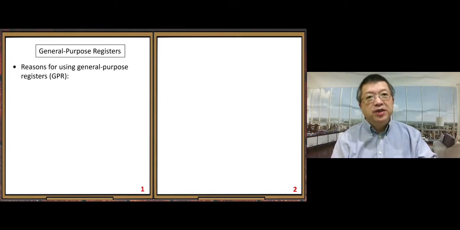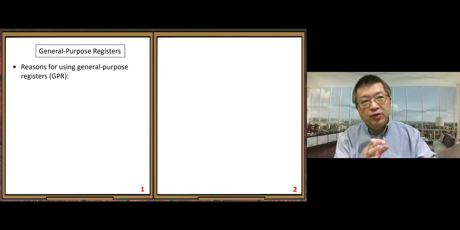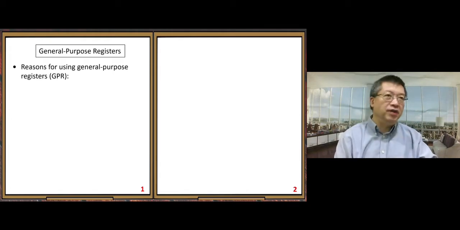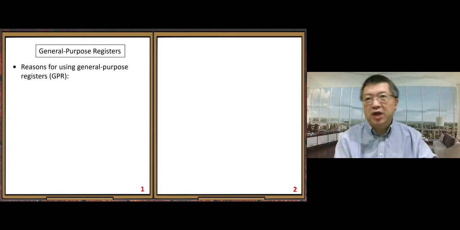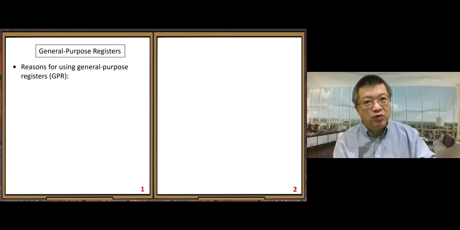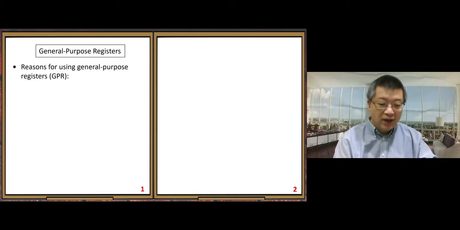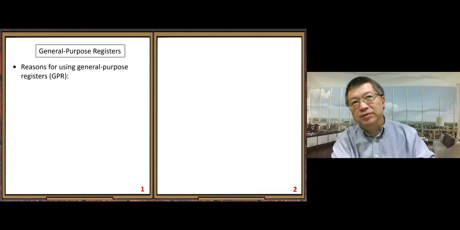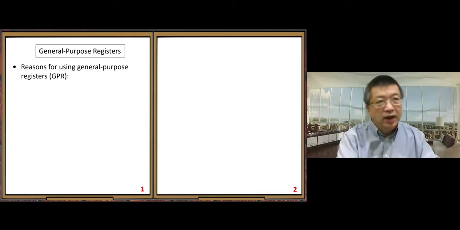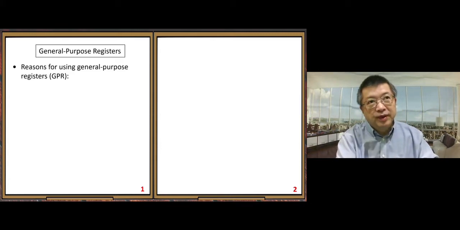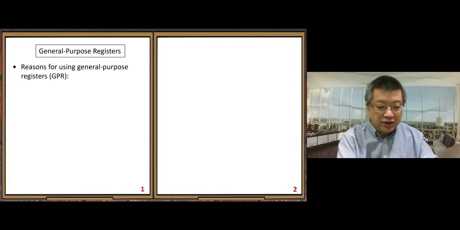Reasons for using general purpose registers. We use GPR to refer to this special type of general purpose registers. Later, we have another type, FPR, floating point registers.